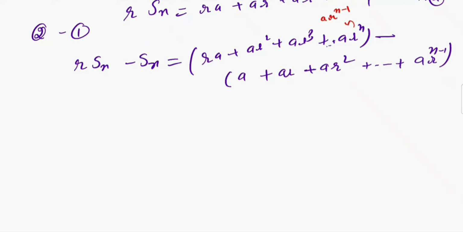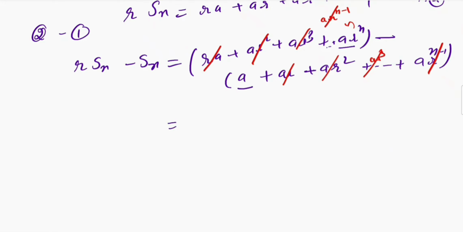If we subtract these, this will get cancelled with this, and this also with the next term, and so on. So here we will be left with ar^n and minus a. So this becomes a into r^n minus 1.